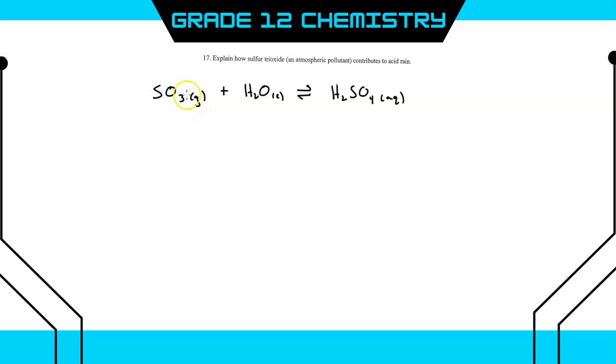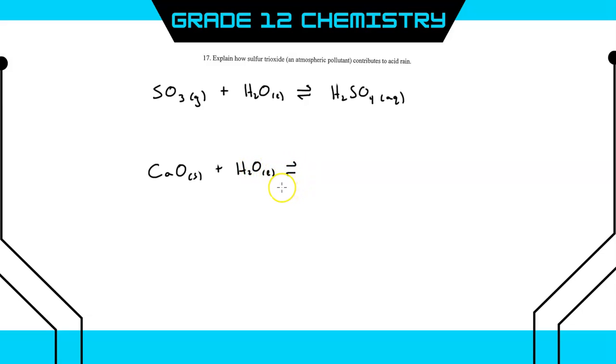Now, since I just showed this example of a non-metal oxide producing an acidic solution, let's just look at, say, if you had calcium oxide. Okay, so calcium oxide mixed with water, that'll give us an equilibrium.